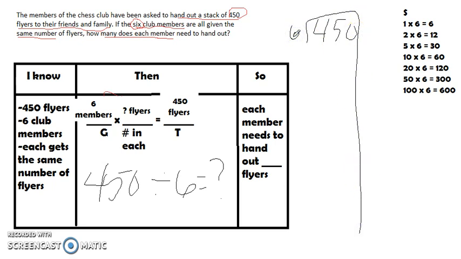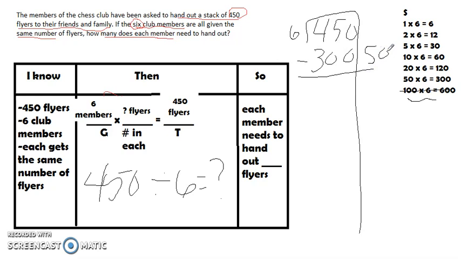All right, when I'm looking at this, I can't use 600 because it's way too big. I can't subtract 100 groups of 6 from my 450. But I can subtract 300, which is 50 groups of 6.